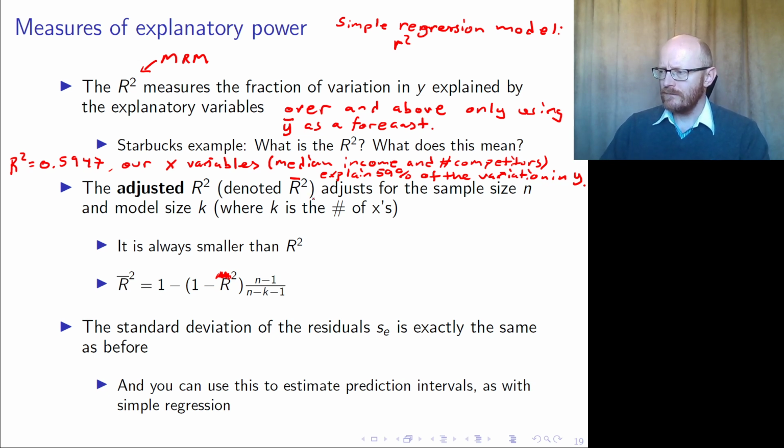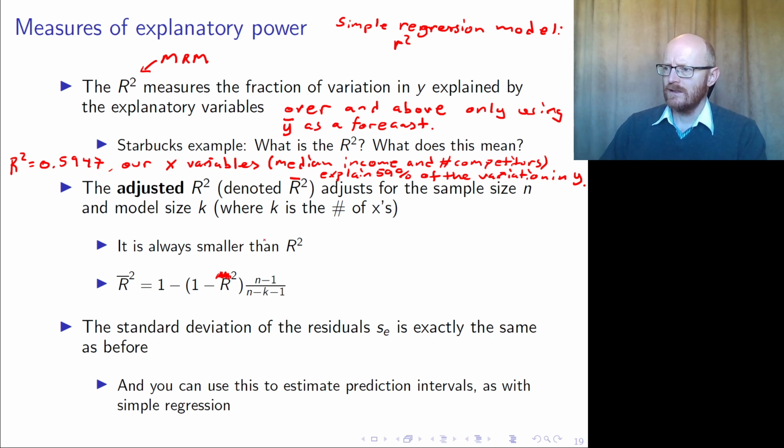So to check if you're adding something useful or not, you can use the adjusted r squared, because it's adjusted both for the sample size and the model complexity.